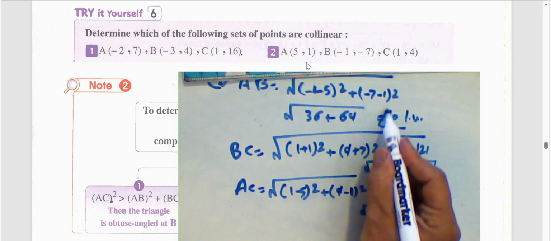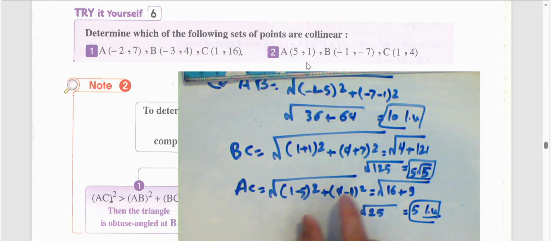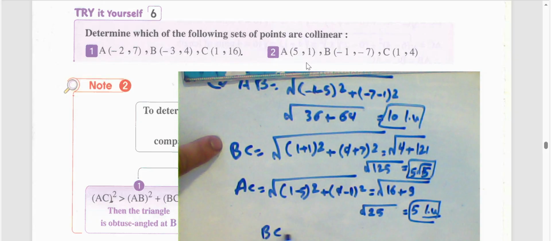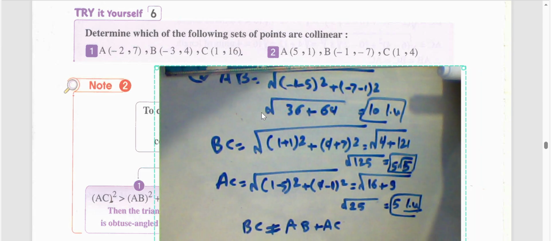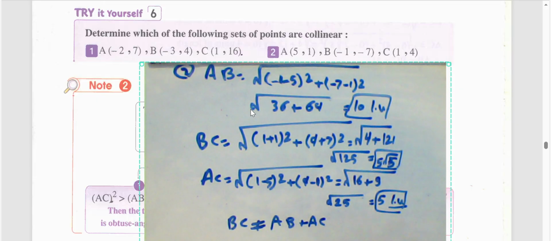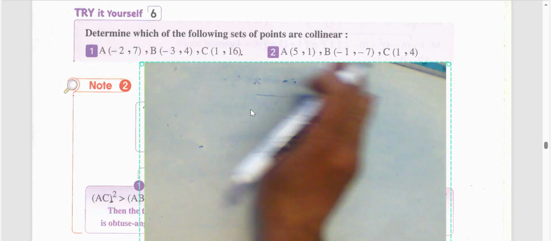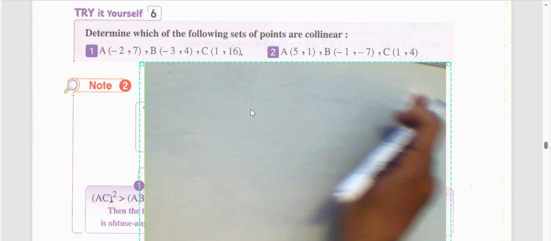We have the first, second and third lengths, 3 dimensions here. Then we find the greatest value here, 125. BC is not equal to AB plus AC, they are not equal. Then points A, B and C are not collinear, because the greatest value does not equal the sum of the two smaller lengths.